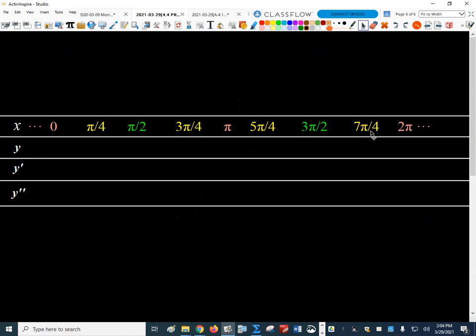And so let's fill in some blanks here. Hopefully my pen's working well enough to do this. These are places where our function is undefined, and so we recognize those as vertical asymptotes.